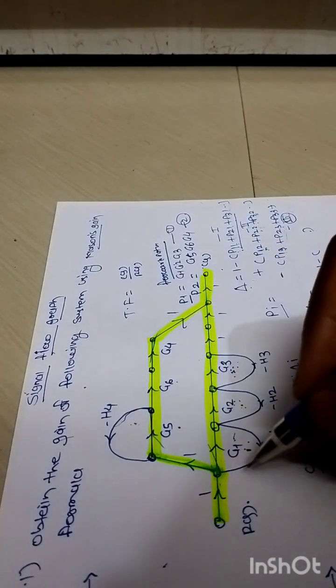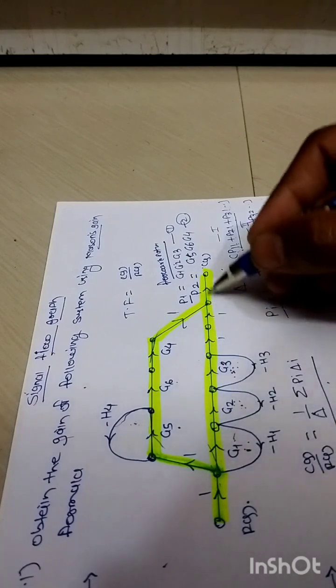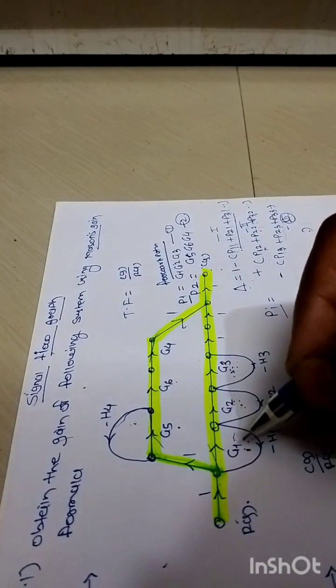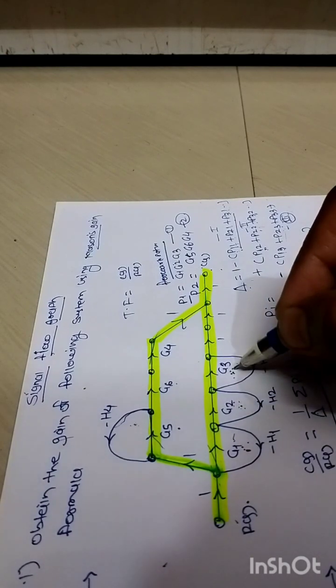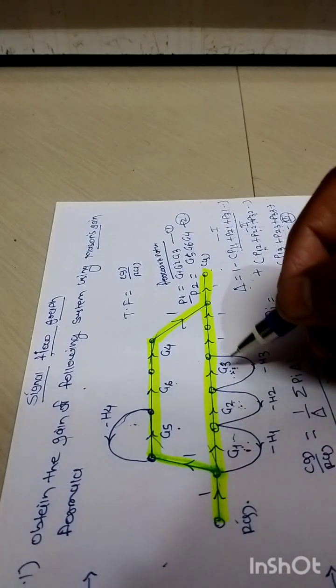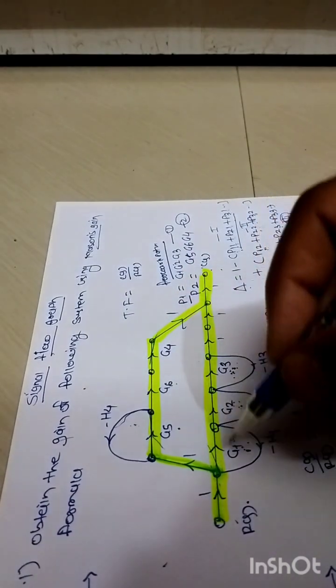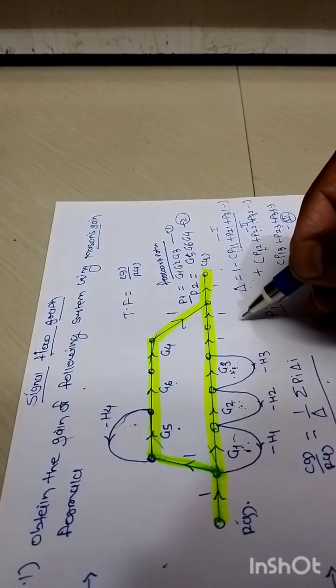So here forward path number 1 is this entire horizontal line starting from R to C, whose gain is G1 G2 G3. So we need to determine the desired part of the signal flow graph, or meanwhile we can say whether we are having any particular loop which will not touch forward path number 1.